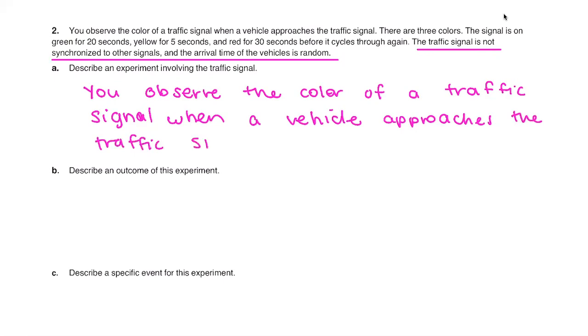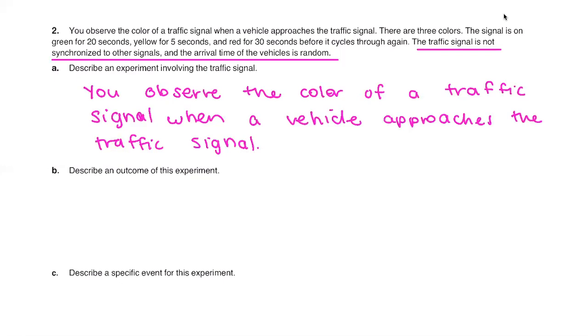This is our experiment. What are you doing to collect some data? We need to know specifically when we write down the color of the traffic signal. And our way of measuring is anytime any vehicle comes to the light, we want to take a look at it. What color is that light?